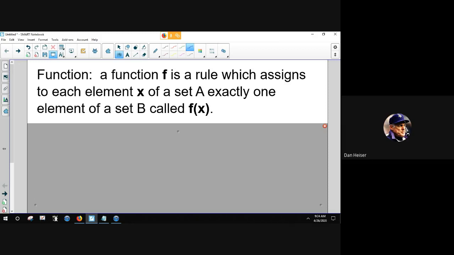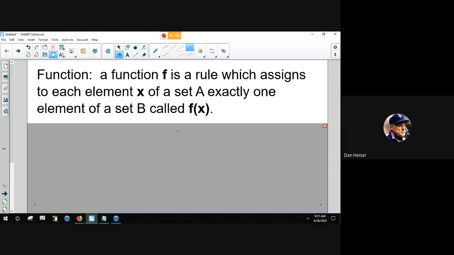A grocery store, for instance, is a set of things. Each individual food item in that grocery store would be an element. So an element is just an object. So we have some element called x in this set. And we have a rule that is going to take that element and pair it with exactly one element from a different set. And we call that element in the other set f of x.